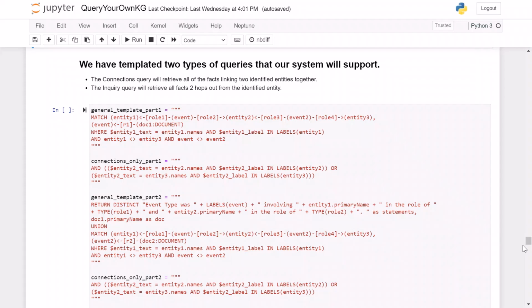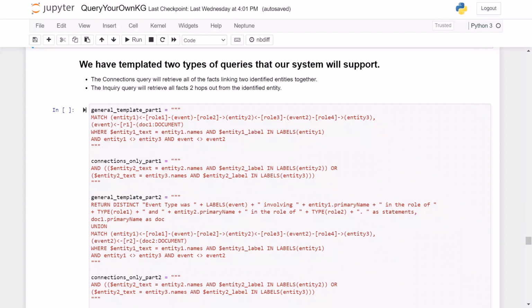And what these queries are going to do is extract the connections. So the first one's going to extract basically everything that is within a couple hops. So remember, we have document to event. Event has a role and the entity that's fitting that role. So what we're doing is going backwards from the entity that was identified to the event and then finding the other entities that are associated with it. And then we're also going to find other events that those entities are in.